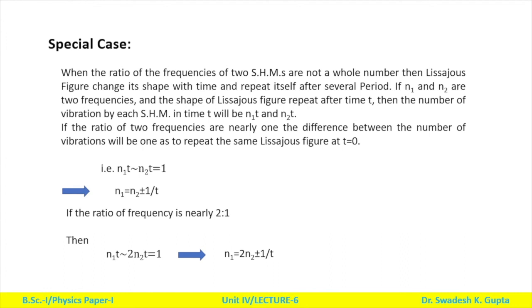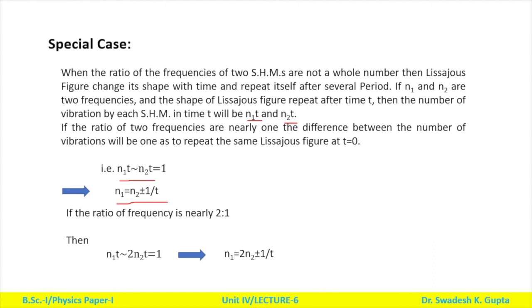So if the two frequencies are n1 and n2, and in time t the Lissajous figure repeats itself, then the number of vibrations in that time will be n1t and n2t. As I told you, the difference between the two should be 1. Then n1 can be given as n1 equal to n2 plus minus 1 by t.